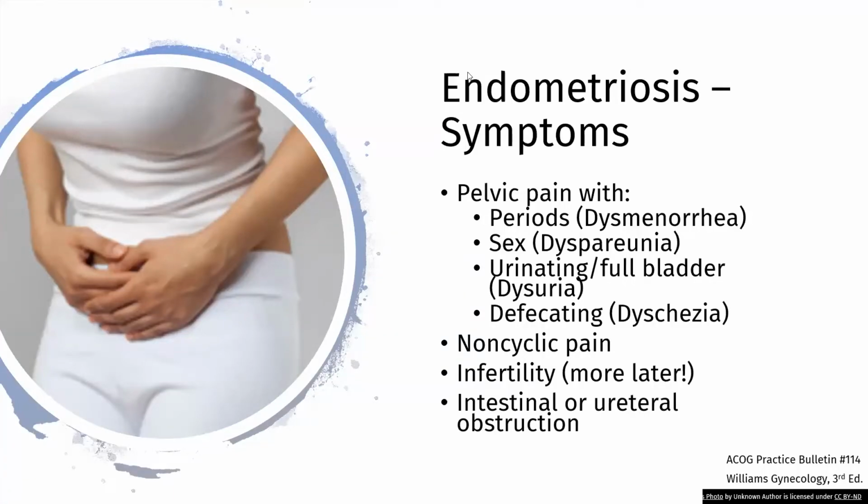If it's quite advanced, patients can have deeply infiltrating endometriosis that may be invading into their intestines, or into the ureters, which are the tubes that connect the kidney with the bladder. Some patients can actually have obstruction of these organs, and that typically is disease that's quite advanced.